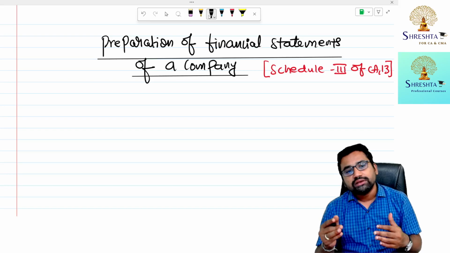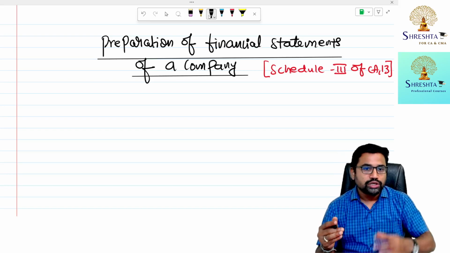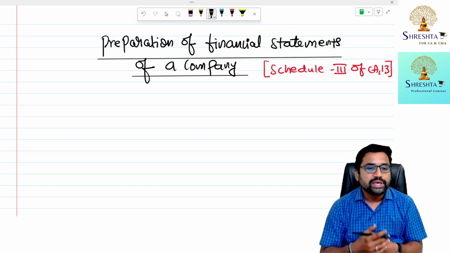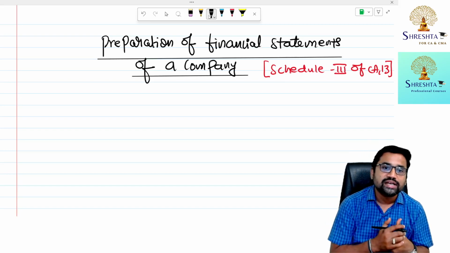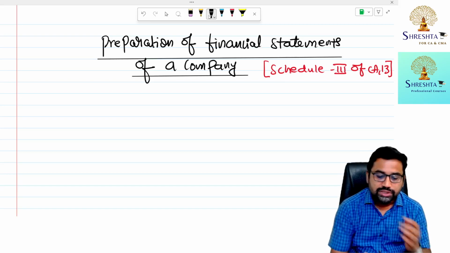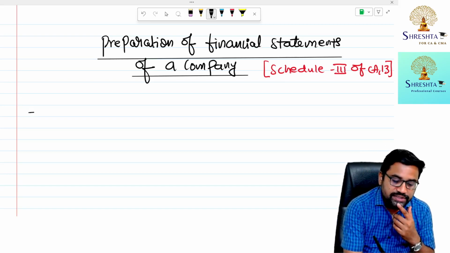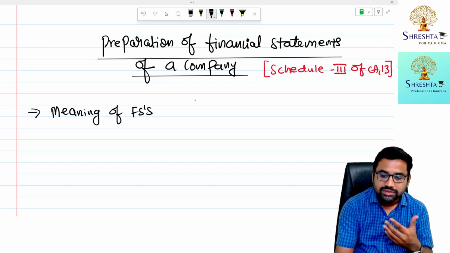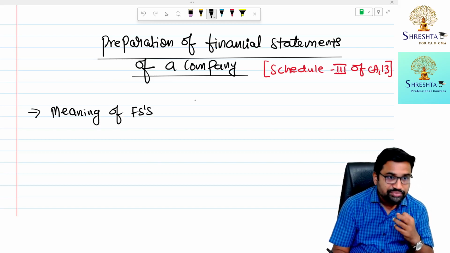So first, in this chapter, before starting Schedule 3, there are certain basics we need to cover. What are the basics we need to cover? First, we need to understand the meaning of financial statements, of a company, because the chapter name is financial statements of a company.